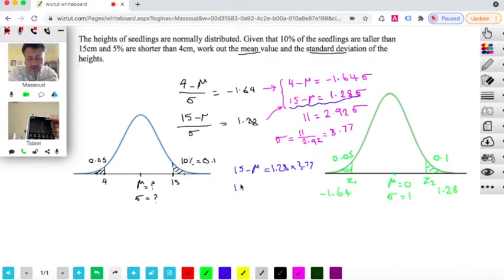So it's 15 minus mu equals 4.82, and so therefore mu is equal to 15 minus 4.82. And that would give us a mean of 10.18.